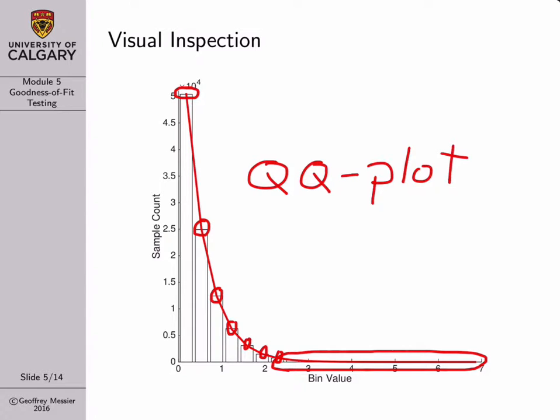I won't go into any more detail about it in this particular module, but just be aware that if you're trying to do a visual fit and you're not able to see your tails pretty well, a QQ plot will give you excellent resolution on the match that you have in the extreme tails of a distribution.